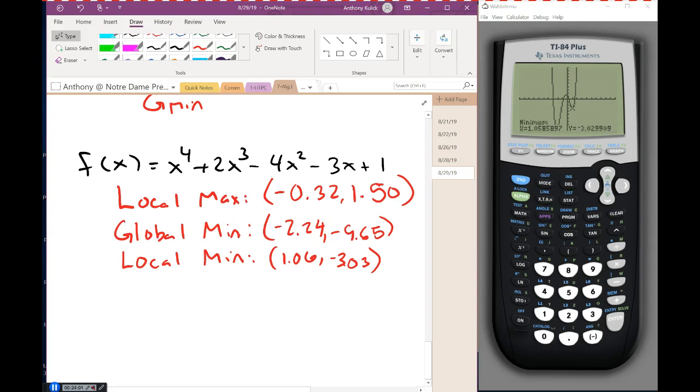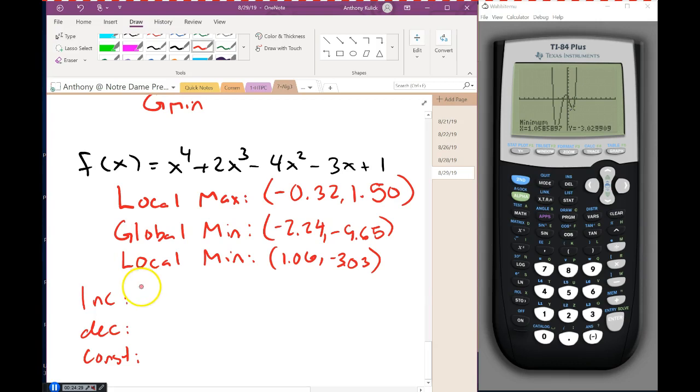Okay. So if I wanted to write my intervals of increasing, decreasing, and constant, we have everything we need now to be able to do that, right? How many increasing sections do you guys see? 2. I see this one right here that goes from the global minimum to the local maximum.